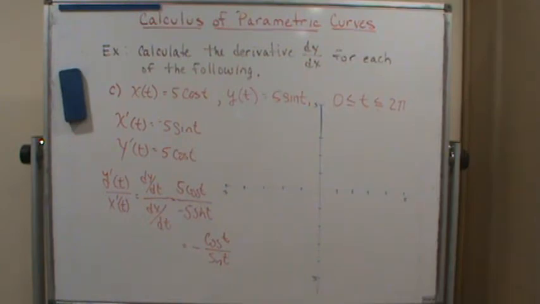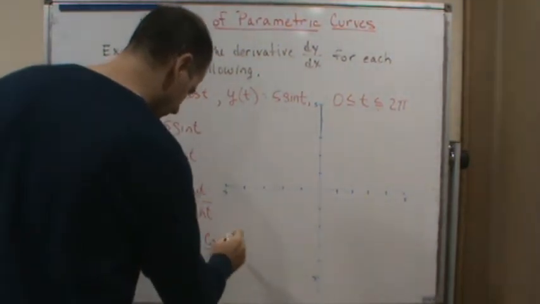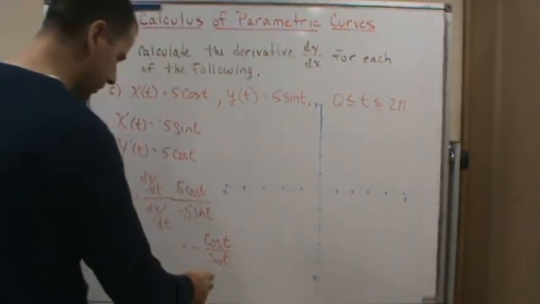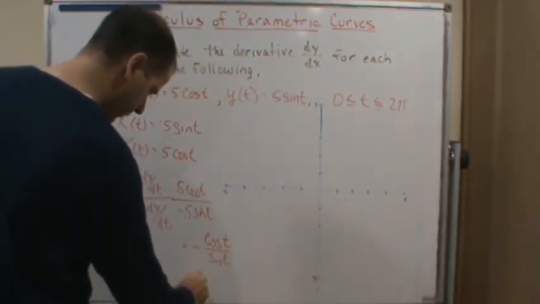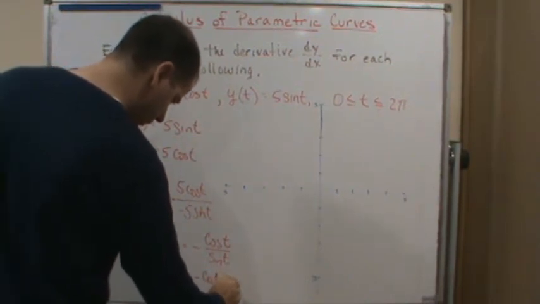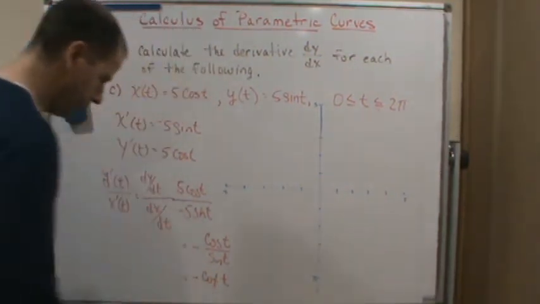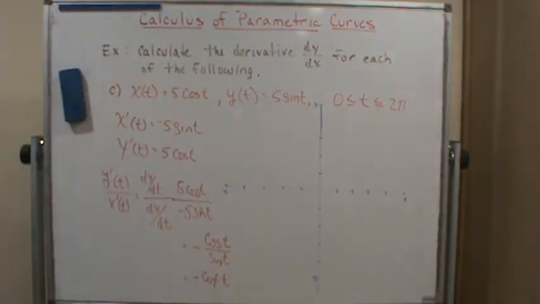And so what is cosine t over sine t? Cotangent. So negative cotangent t, right? Okay, so now here's the function, the slope function.